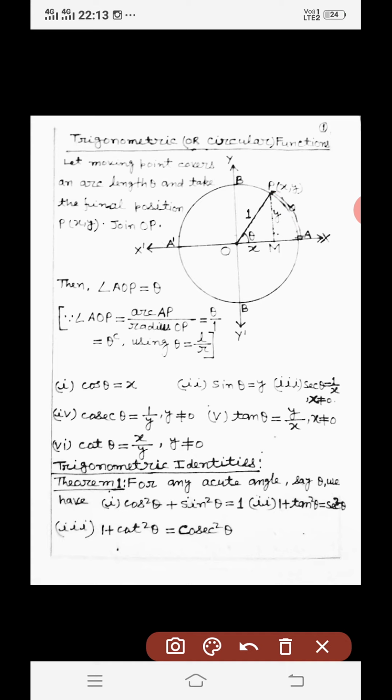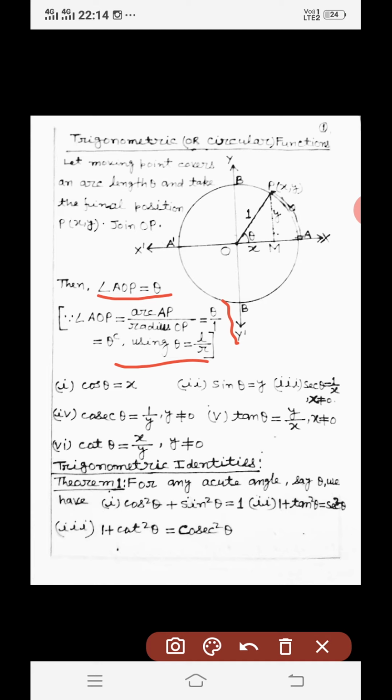Join OP, then angle AOP is equal to theta. Since angle AOP is equal to arc AP by radius OP, this is equal to theta by 1, which is theta radian, using the formula theta is equal to L by R.